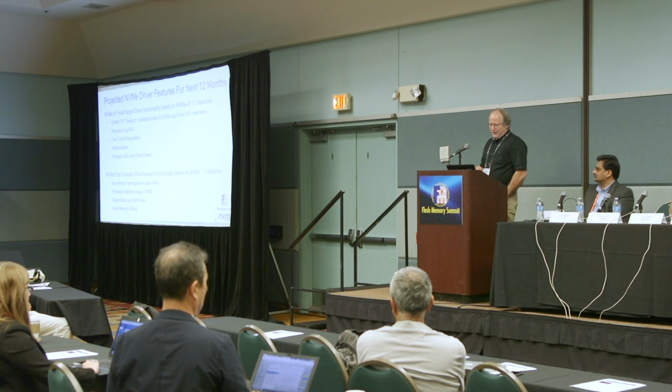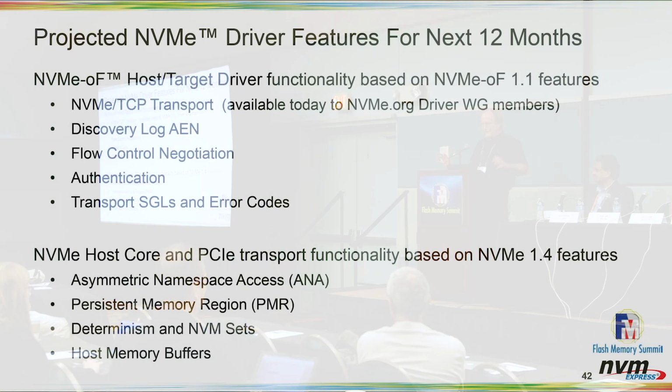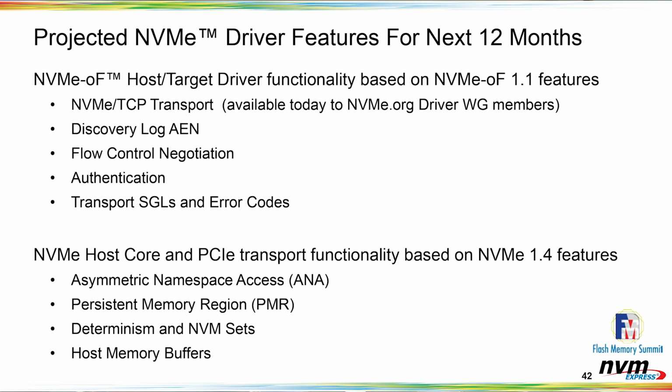Looking towards the next 12 months, again, this is not anything that's set in stone, but it's more around what parts of the specifications are solidifying, either in a whole new release like a 1.1 fabrics release, or a technical proposal that's been ratified and is public.